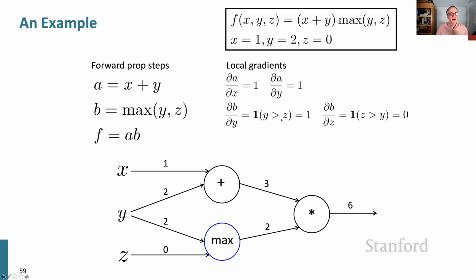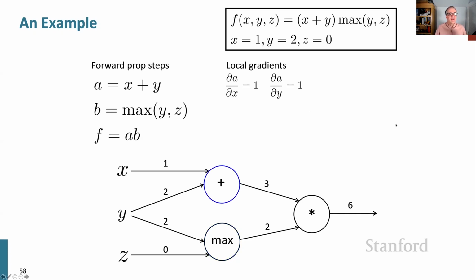So db/dy is going to be 1 if and only if y is greater than z, which it is at our particular point here. So that's 1. And db/dz is going to be 1 only if z is greater than y. So for our particular values here, that one is going to be 0.